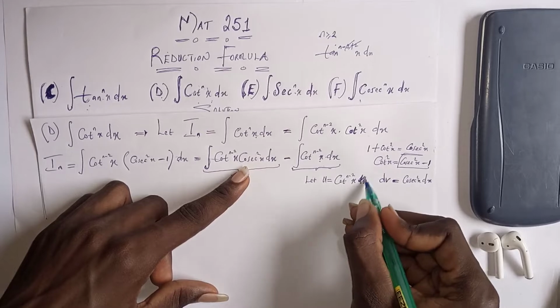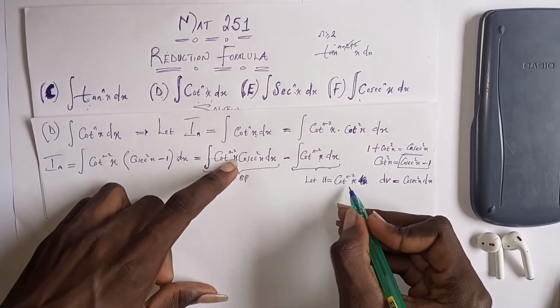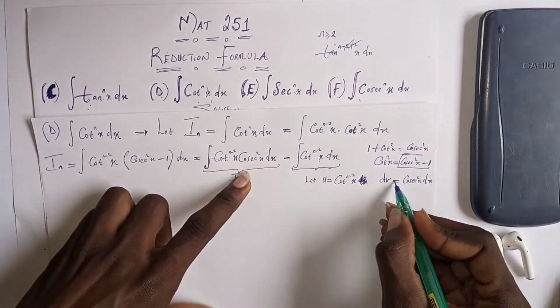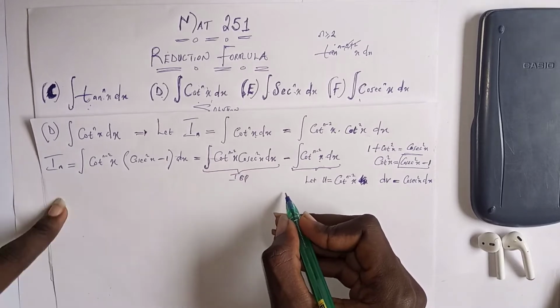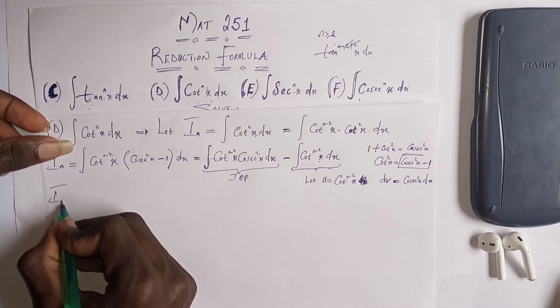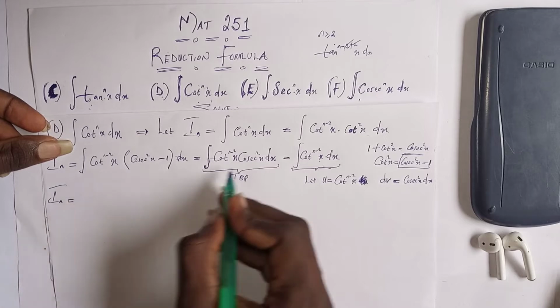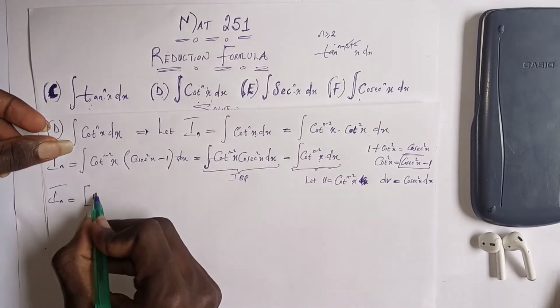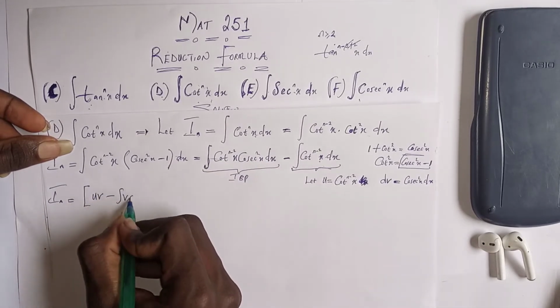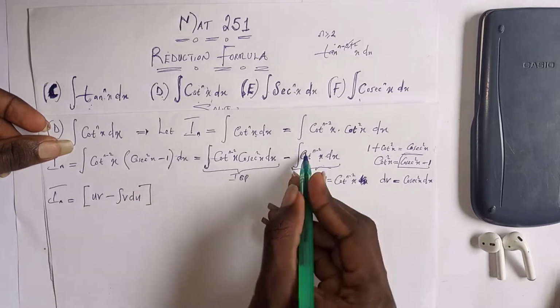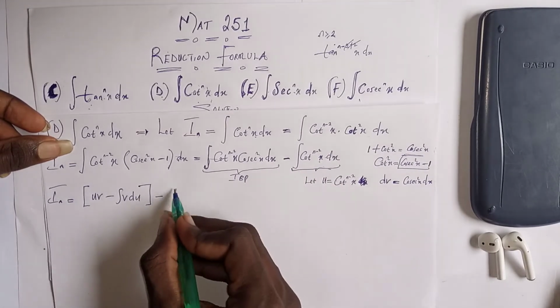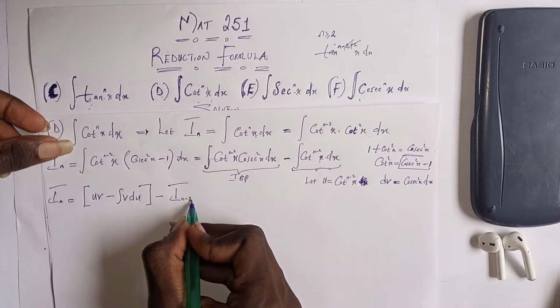For integration by parts, the whole of this simply implies uv minus the integral of v du. Then remember that I have minus I_{n-2}.